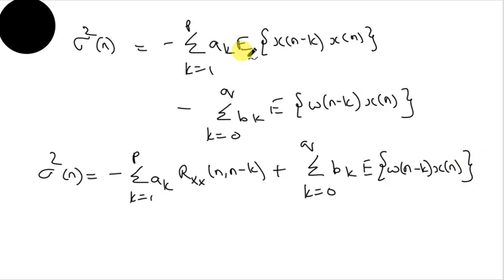Okay, so now please, this has to be plus. So this would be summation k equal to 0 to q bk E of w of n minus k into x of n.